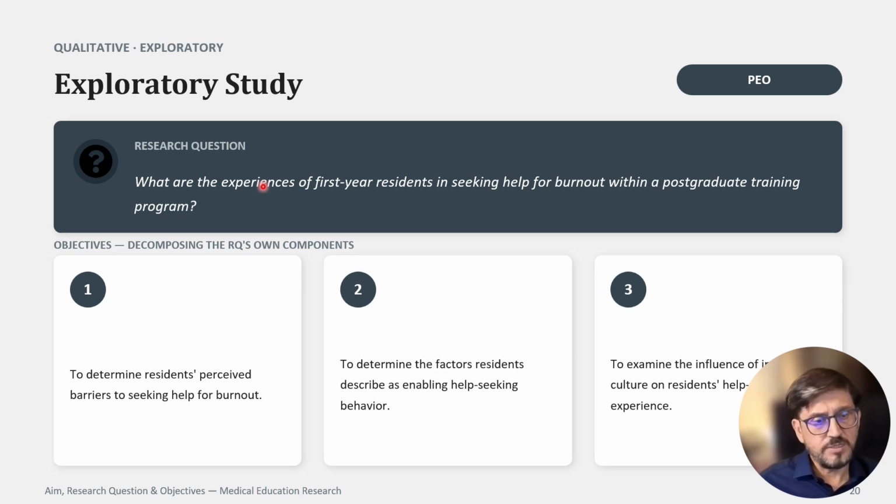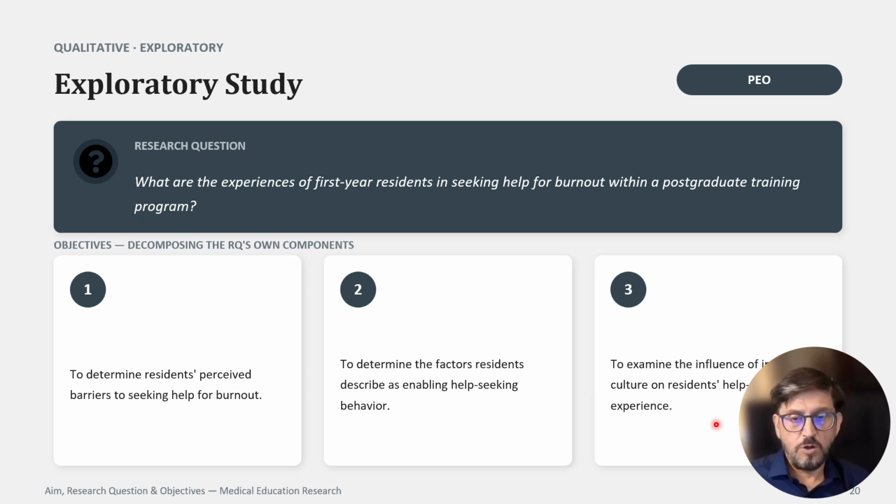And again, you can see that this research question is further divided into smaller components as research objectives: to determine residents' perceived barriers to seeking help for burnout, to determine the factors residents describe as enabling help-seeking behavior, and to examine the influence of the burnout culture on residents' help-seeking experience.